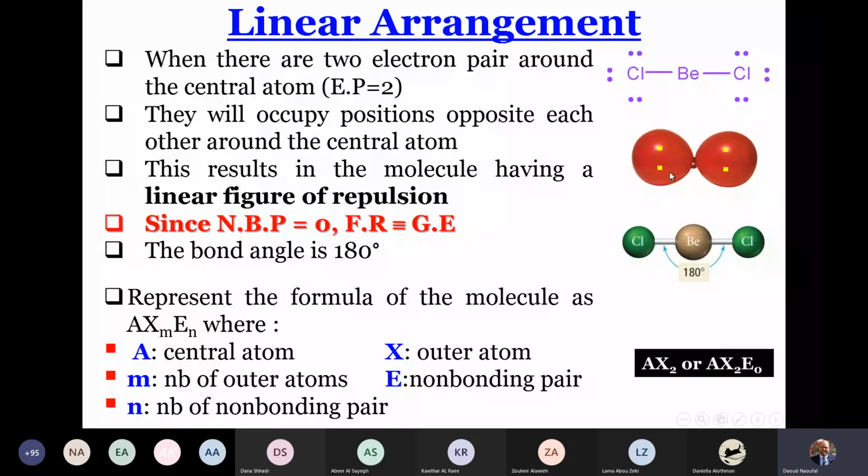And since we don't have E, we don't have non-bonding pairs, so the figure of repulsion is the same as the geometry, and the geometry is linear. Then we talk about the angle outer atom, central atom, outer atom. So the angle ClBeCl is equal to 180 degrees. Now we pass to another form.